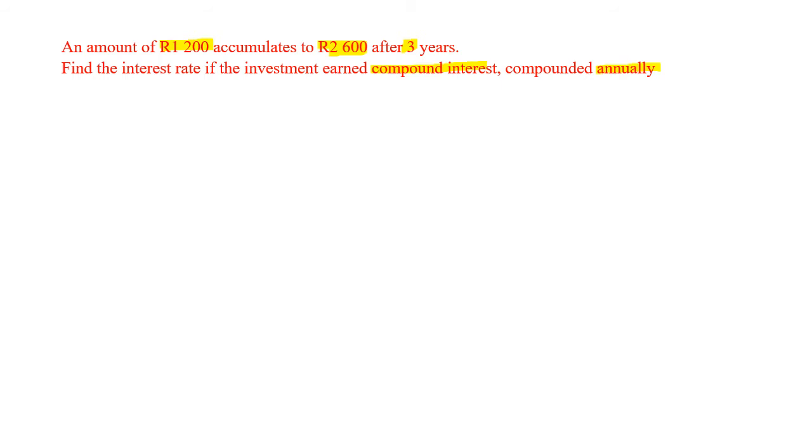Now, this is slightly different because I know the principal amount is 1,200, the initial amount. This amount accumulates to 2,600 over the period of 3 years. I need to find the interest rate, and whenever I find the interest rate, I'm finding the value for r as a percentage. But I know I need to calculate the value for i first.